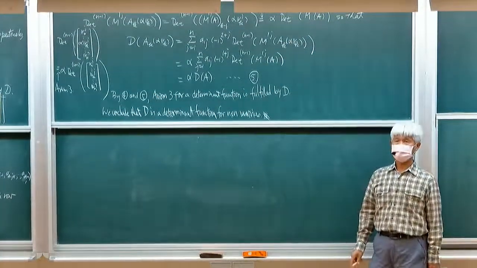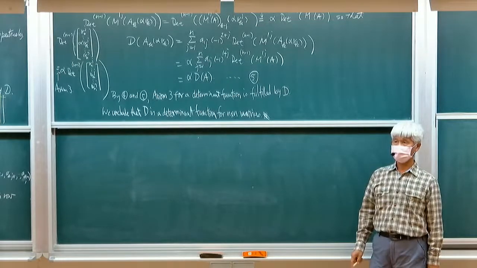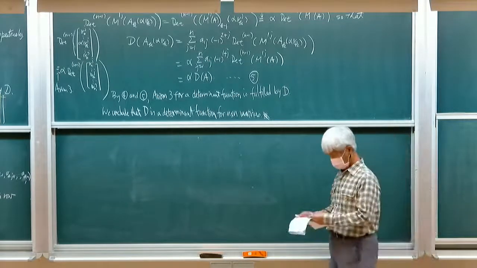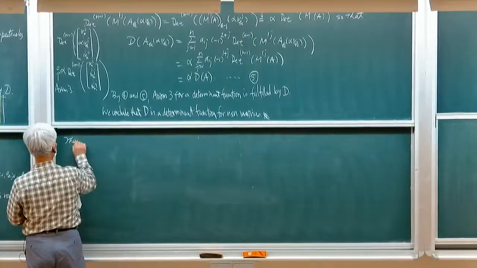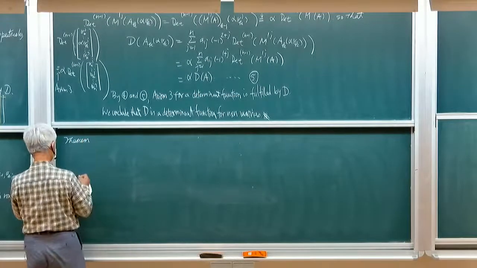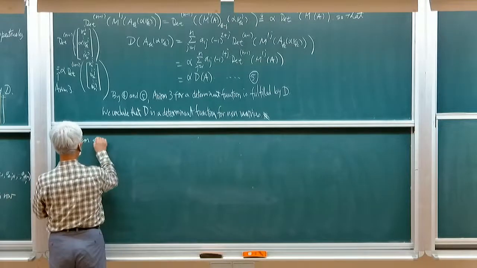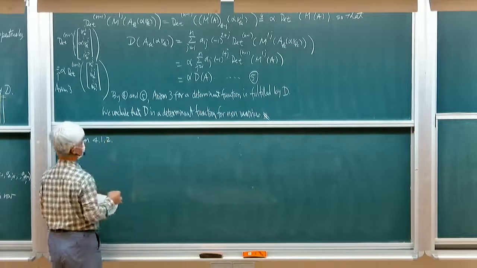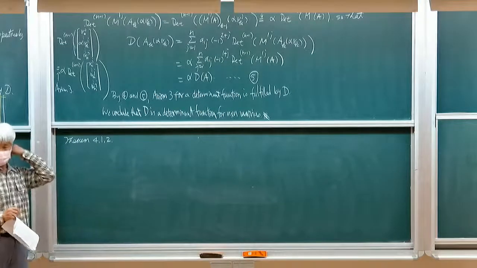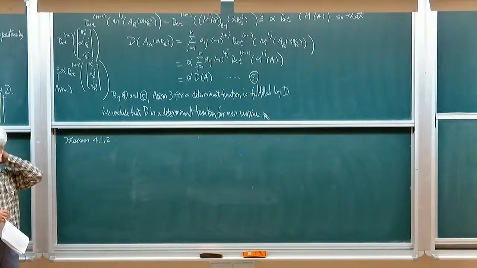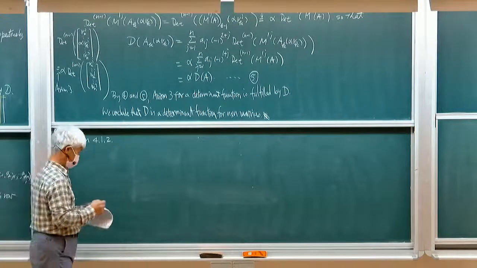Questions? Okay, so now we have the ability to prove the existence and the uniqueness of determinant functions for n by n matrices. So that is theorem 4.1.2 in the textbook. The textbook just gives you the result without a proof.